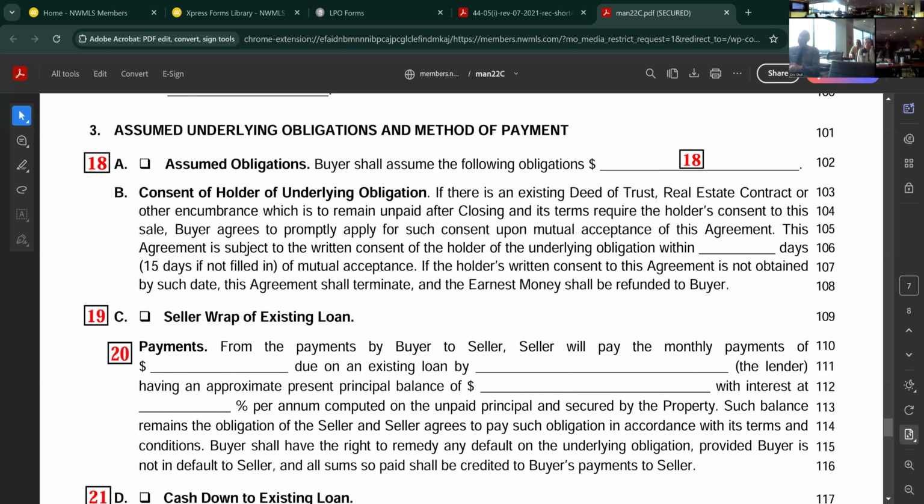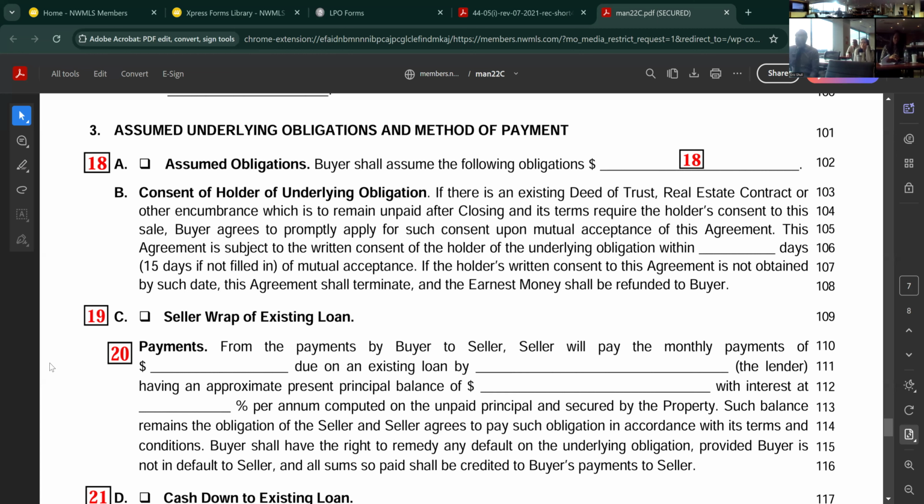All right, section C is the seller wrap of existing loan. Payments from buyer to seller. Seller will pay the monthly payments of dollar amount due on an existing loan by who's the lender, have an approximate present principal balance of dollar amount with interest at what percent per annum computed on the unpaid principal and secured by the property.